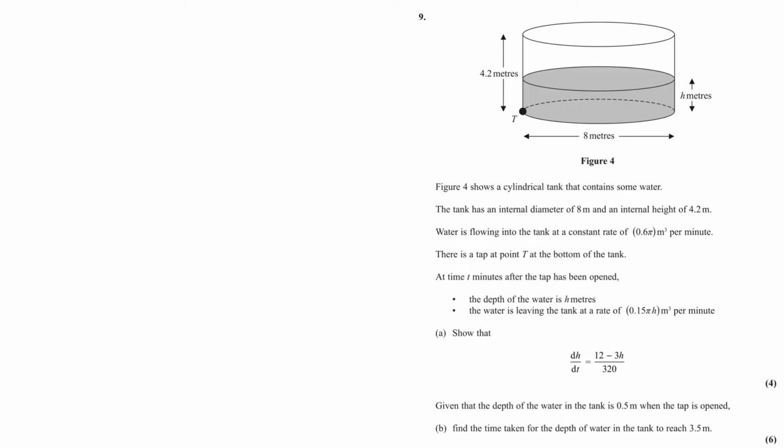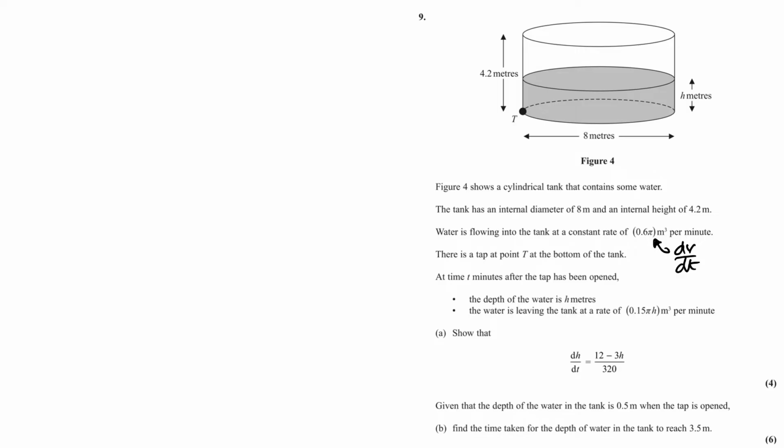Now, if I look at this one, we've got our shape, which is going to play a part in this, and then within here we've got some rates. So we've got here a constant rate of 0.6 pi meters cubed per minute. So this has got to be a dV by dt, isn't it?